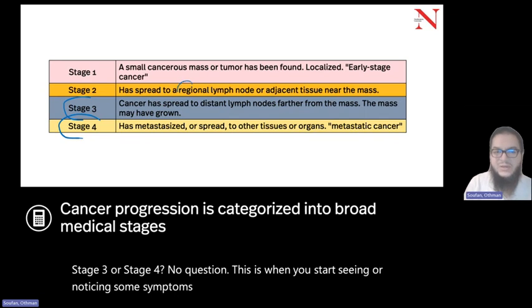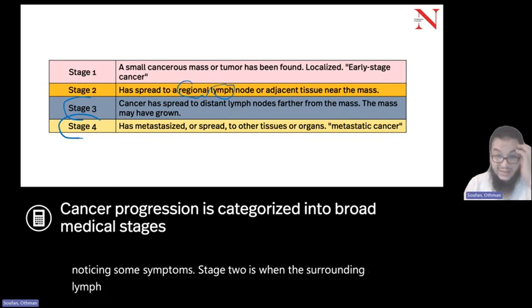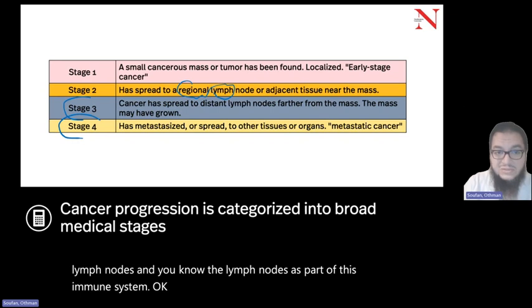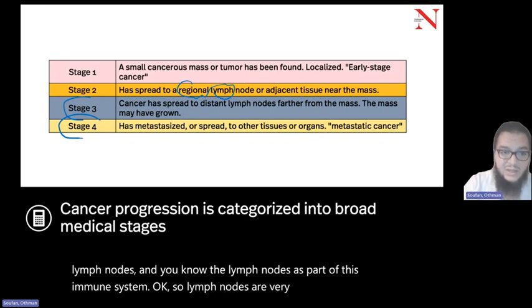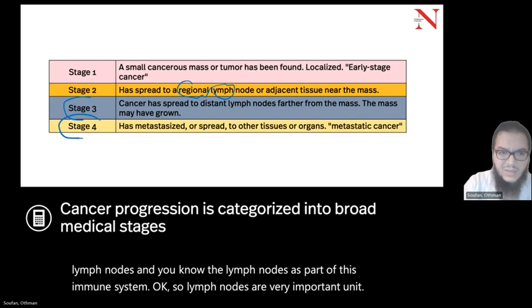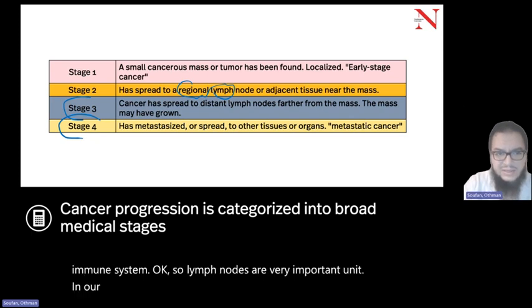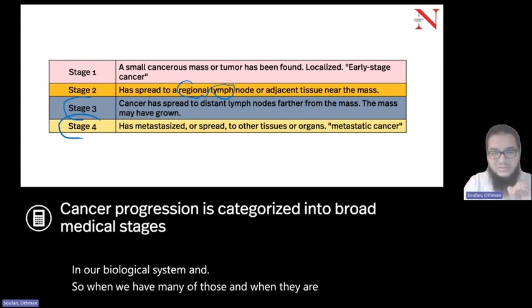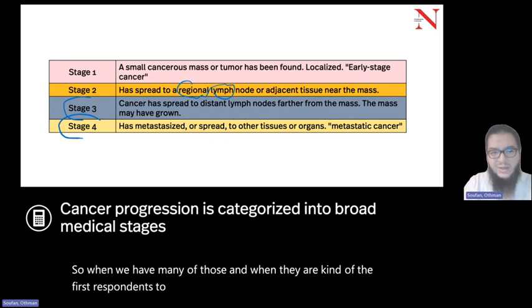Stage 2 is when the surrounding lymph nodes are involved, and the lymph node is part of the immune system. Okay, so lymph nodes are a very important unit in our biological system, and so when we have many of those, they are the first respondents to what's happening with that specific organ.